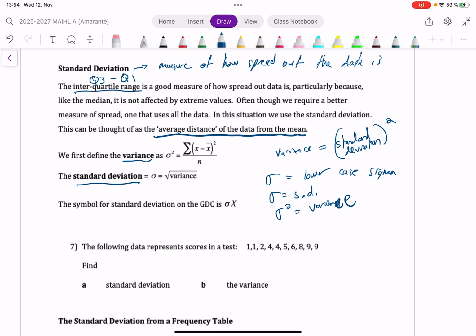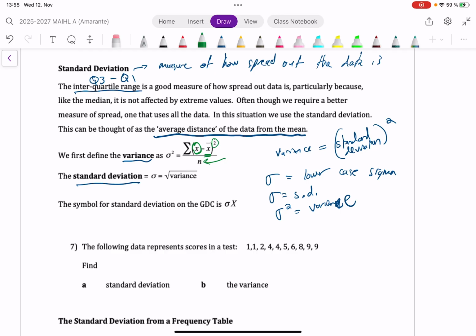Sigma squared is variance. And so what it's doing is it's finding the x value of your data point. It's subtracting the value of the mean. It's squaring those things so that it doesn't matter if it's positive or negative or above or below the mean. And then it's adding them all up. So it's finding the total distance each individual point is away from the mean.